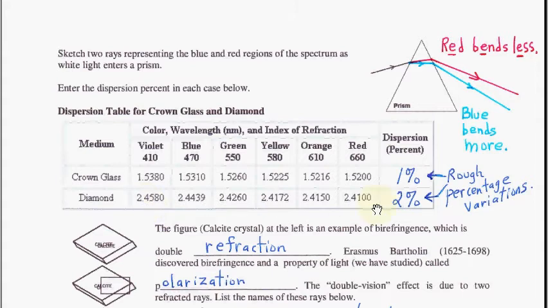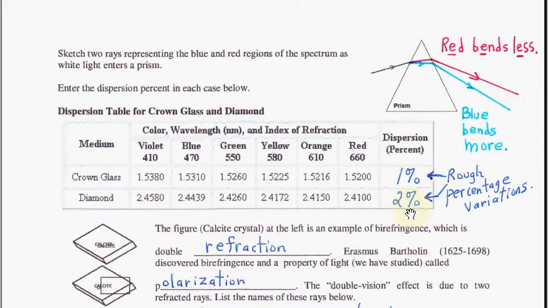Then we come to another cool thing, and this is double refraction, where you have certain materials like this calcite crystal, for example, which is an example of birefringence. That's what this is referring to.